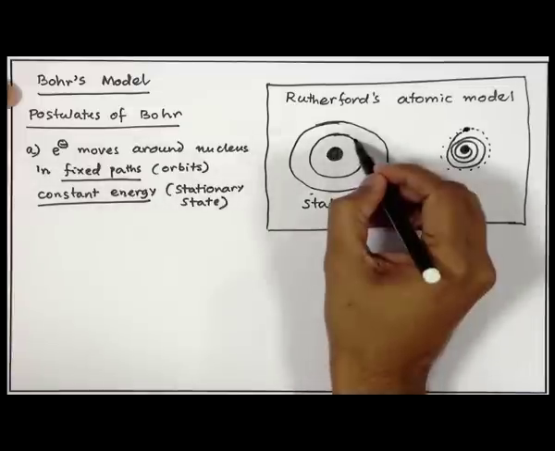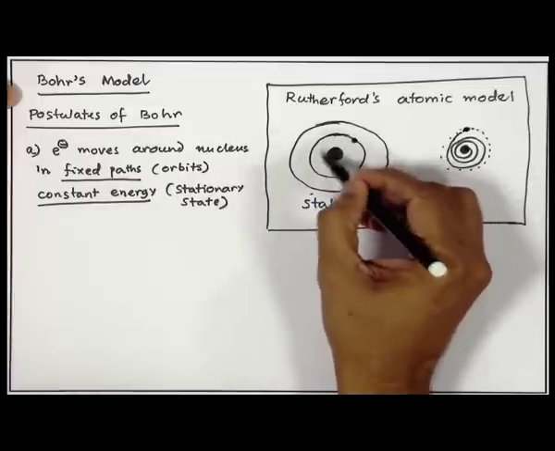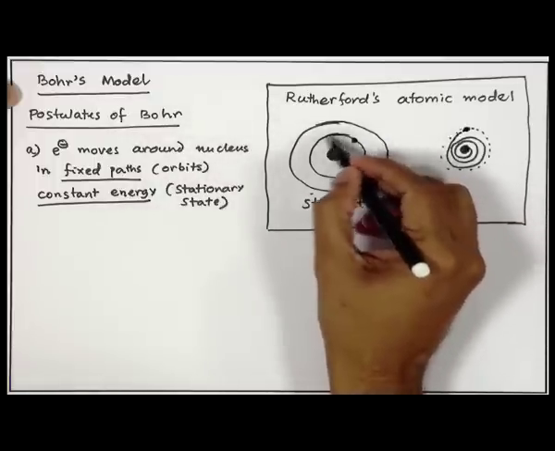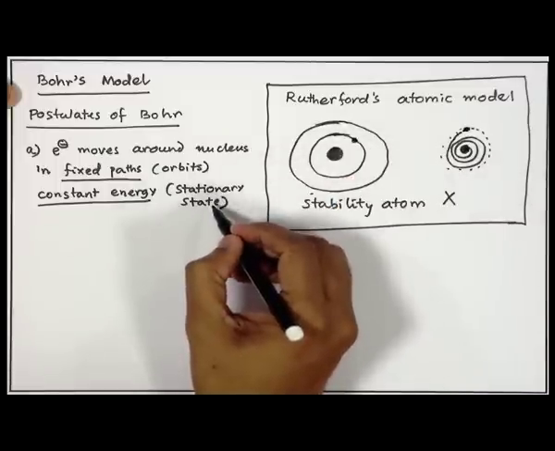As long as the electron goes around in this circular path, or orbit, it has a constant energy, and we call this state of the electron a stationary state.